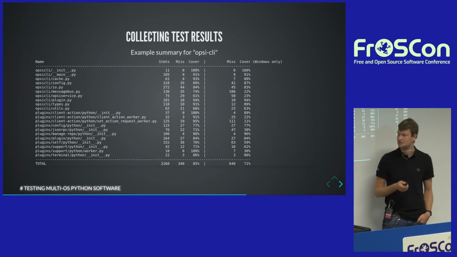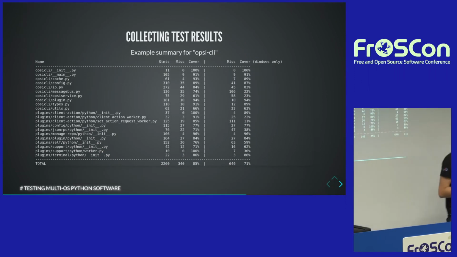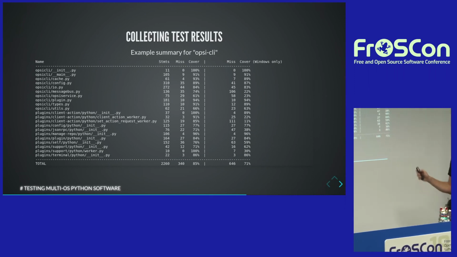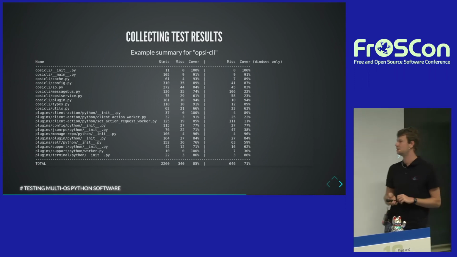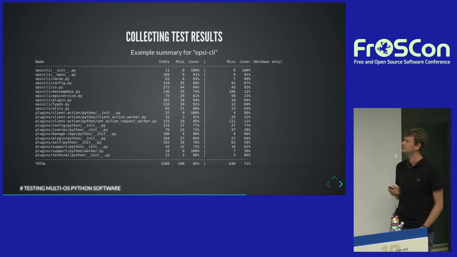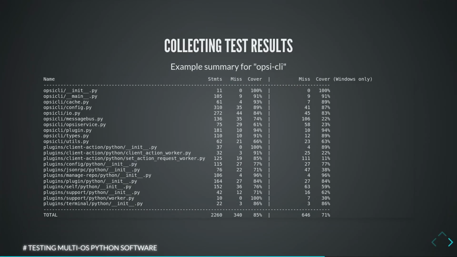And here I have an example of that. This is actually a real-world example, or at least up until this vertical line. Here you can see a software component, OPSI CLI, and you can see what pytest produces. You get this nice table where you get the number of total statements which are in that Python module.